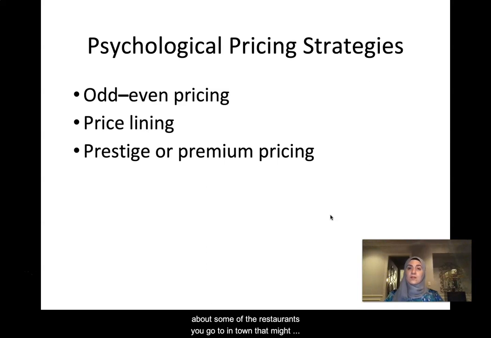High-end restaurants, think about some of the restaurants you go to in town that might be a little bit higher end, sometimes they just have a number, like this thing costs 18, and they don't even put the cents because that makes it seem more prestigious.